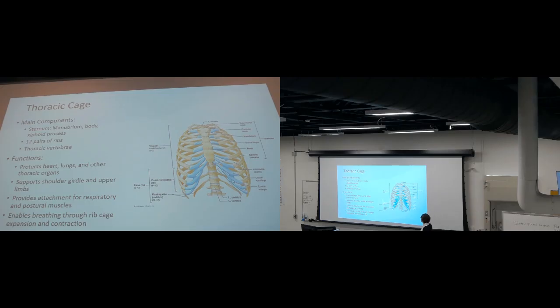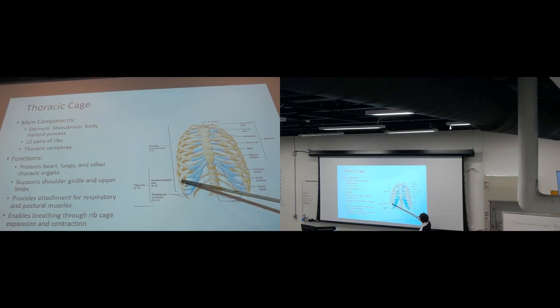Now, the ribs are 12 pairs. They have a shaft, which is this. They have a head that connects to the thoracic vertebrae. They have a neck below the head, which is this. And they have an angle and a tubercle next to the angle. And then we have 12 pairs.